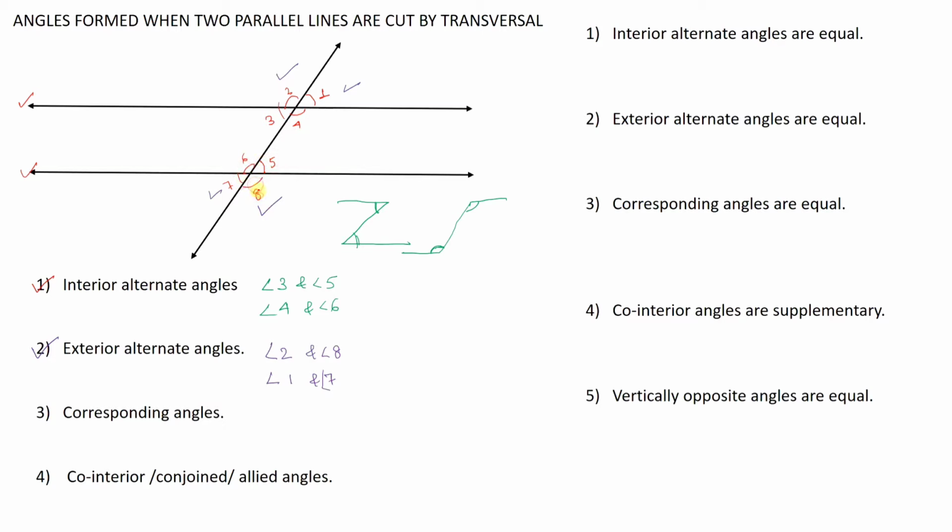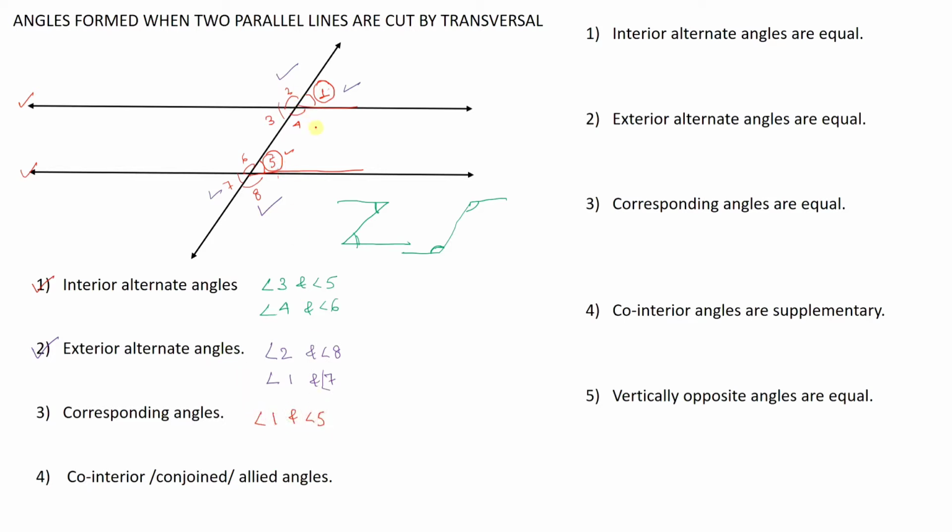Okay, so angle 1 and angle 5 are corresponding angles. Look at this parallel line and this parallel line. This angle is above this parallel line and this angle is also above this parallel line. So angle 1 and angle 5 will be called corresponding angles.